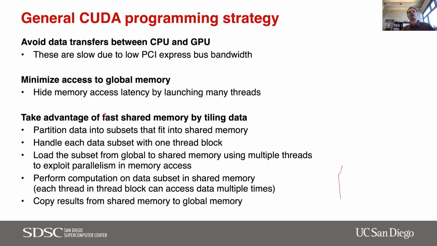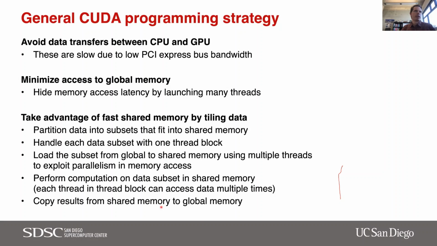You can take advantage of fast shared memory by tiling data and partitioning it so that it fits into shared memory. That's the same technique you would use in CPU code to do cache blocking effectively. Then you do the computations on that subset in the shared memory, which is much faster than accessing global memory. And finally, you write the data from shared memory back into global memory.